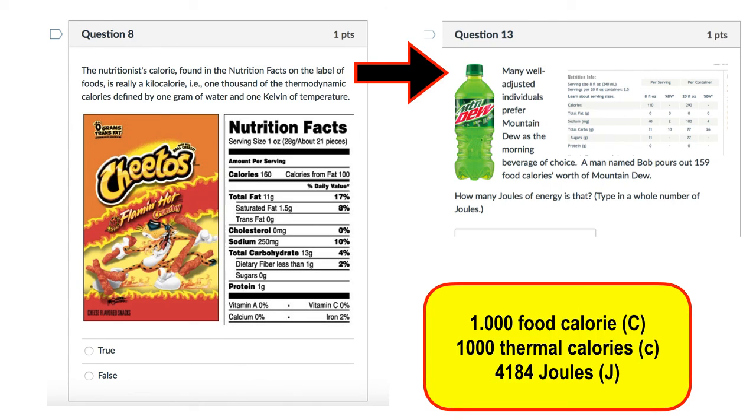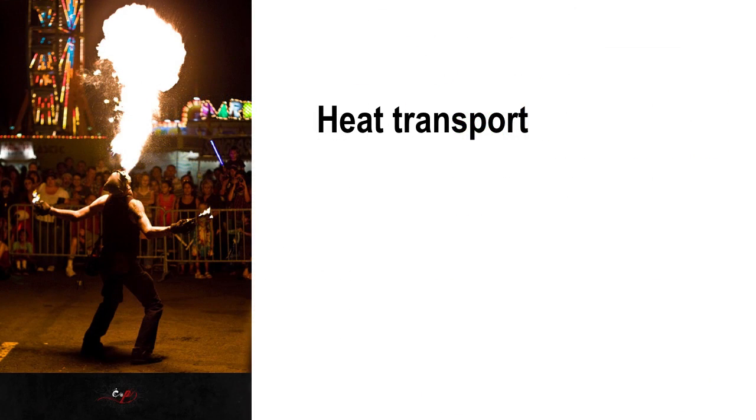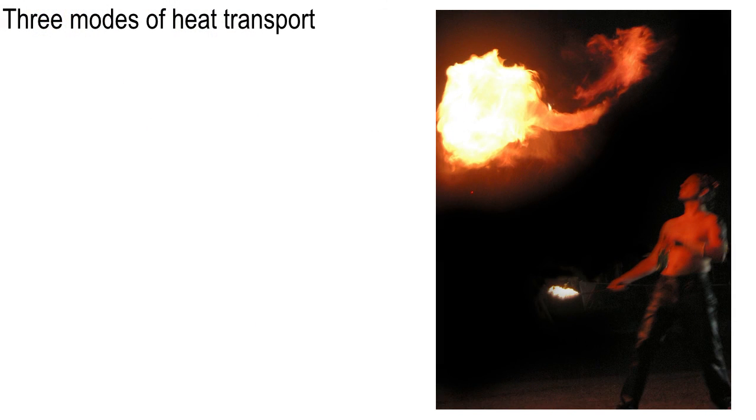Okay, let's keep going. I want to talk about heat transport because we want to talk about thermal equilibrium today. There are three modes of heat transport, and all three of them are actually illustrated in this picture. A fire breather. You know, I don't know where it is, down in Mardi Gras, New Orleans or something like that.